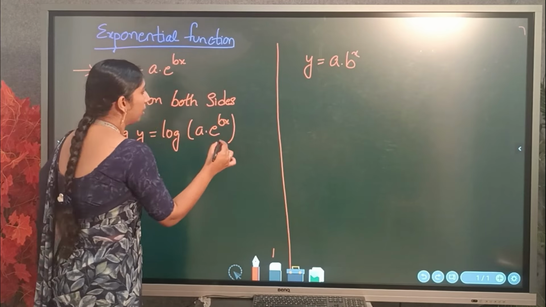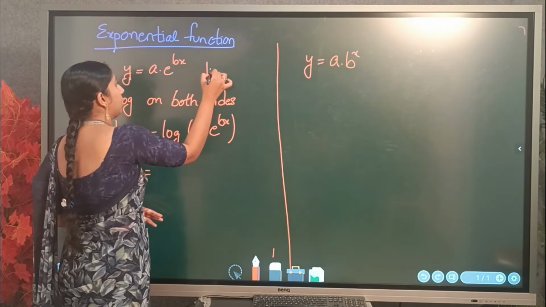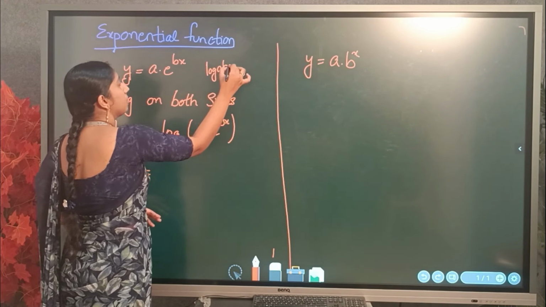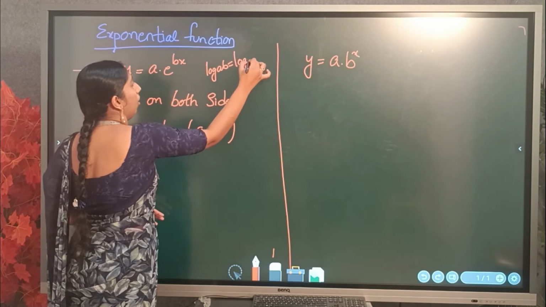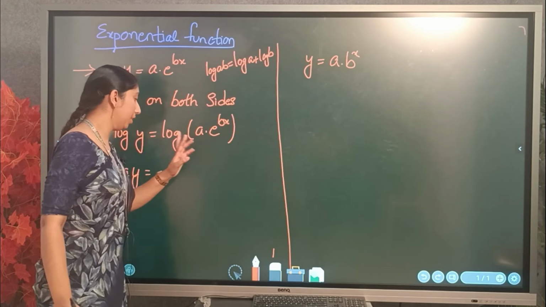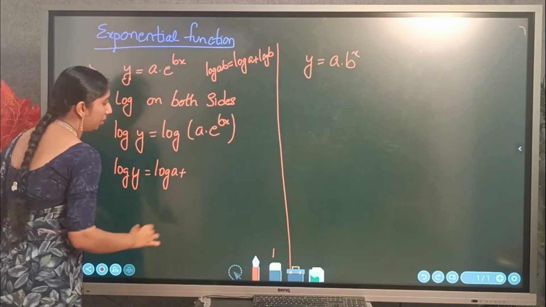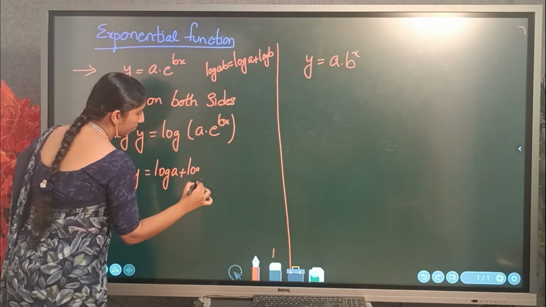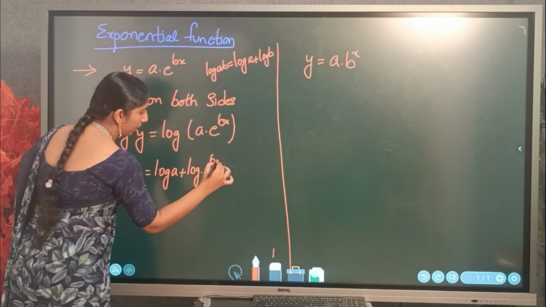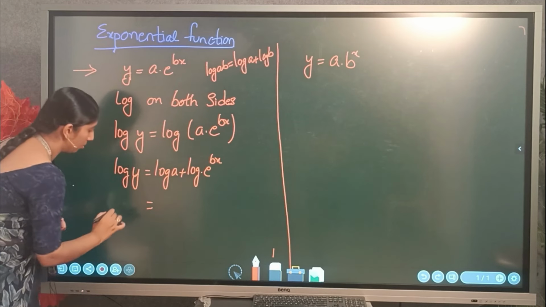It is nothing but in the form of log ab, so you can write it as log a plus log b. In place of a there is a, but in place of b there is log e power bx. So we have to place log y like this only.